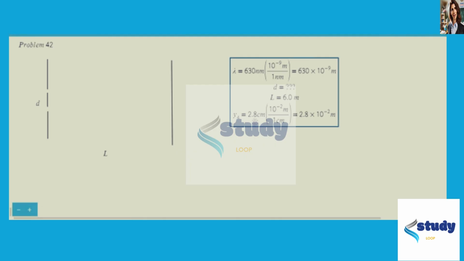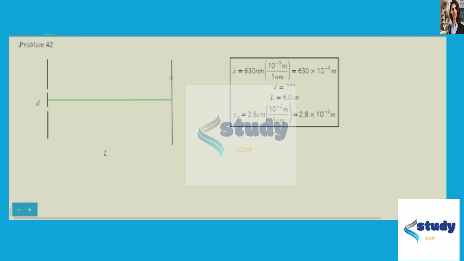This is the position from the central maximum. So the central maximum is given if we look at the center of the separation here. We draw a line from there to the screen. That's the central maximum. This y sub 4 is the distance from this central maximum to this position.